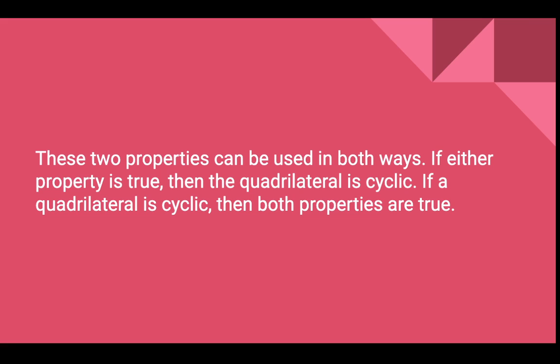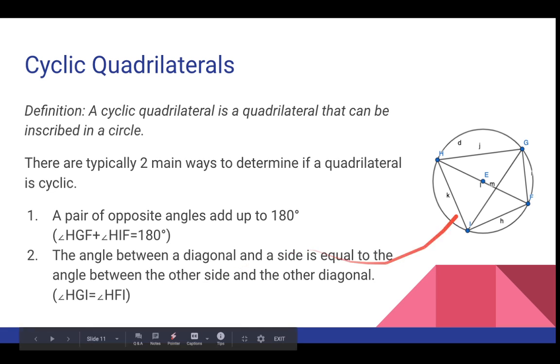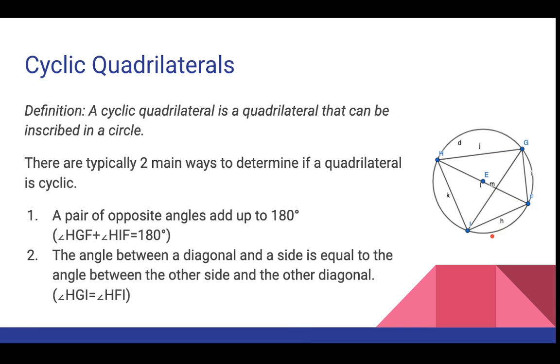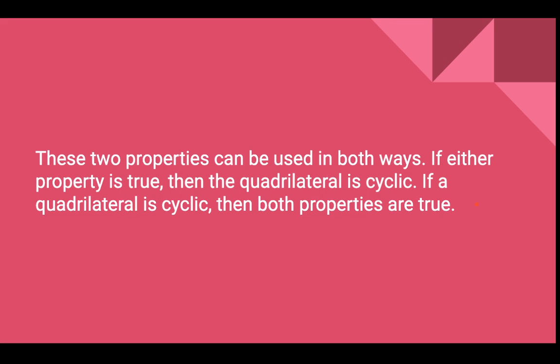So if we aren't given that it's cyclic, and we are just given that angle HGI is equal to angle HFI, then we immediately know that quadrilateral HGFI is cyclic, and then we use the other fact. Basically, both properties can be used in both directions.